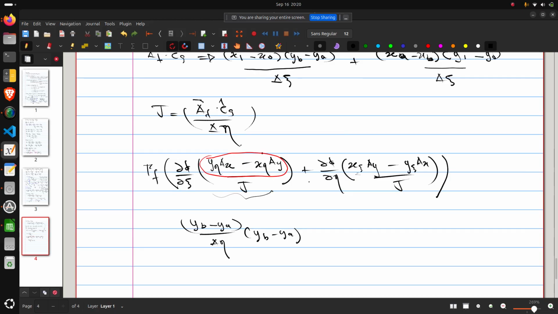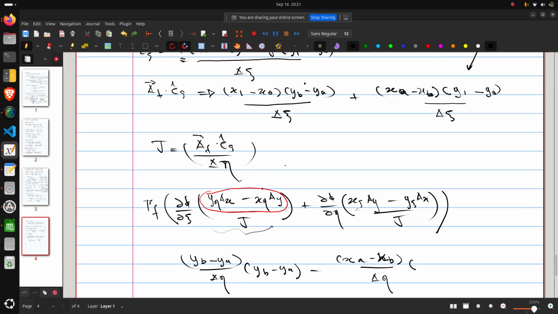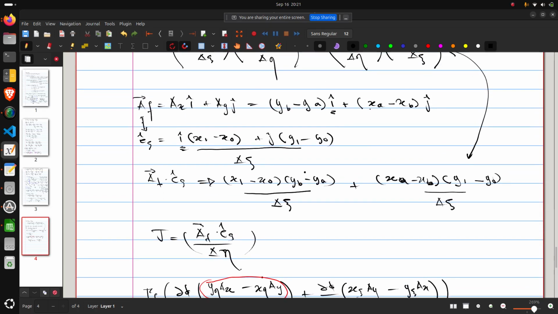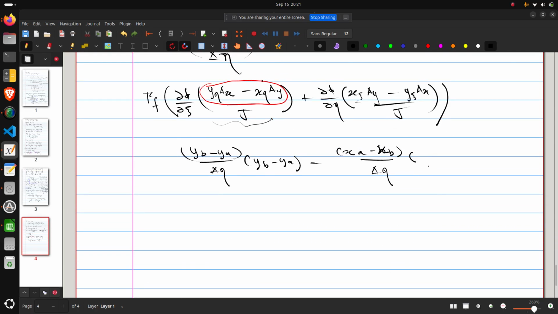Similarly, minus of x eta, which is nothing but xa minus xb by delta eta times what is ay, is xa minus xb again, so xa minus xb.